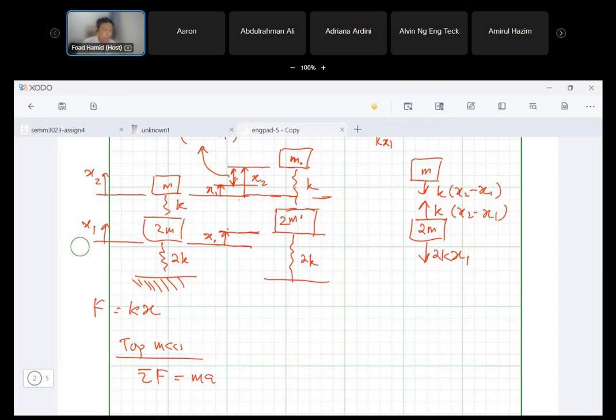I received a question from one student confused about the direction of positive a. Is it downward or is it upward? He told me that in my first example, the parachutist, my a is going downward, and my g, gravity, is also going downward.